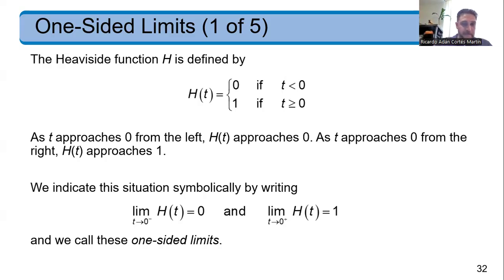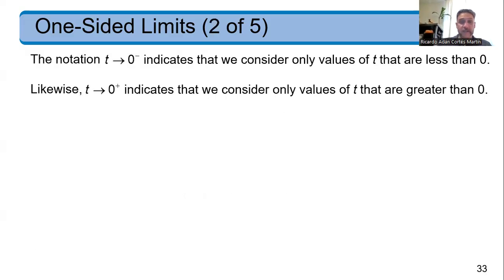So now the question is, what is the limit of this function when t goes to zero? Well, it depends. If you come from the negative values, you're approaching all the time zero. So the limit is going to be zero. But if you approach from the positive values, you're going to get one. So these limits are different if you come from the left or if you come from the right.